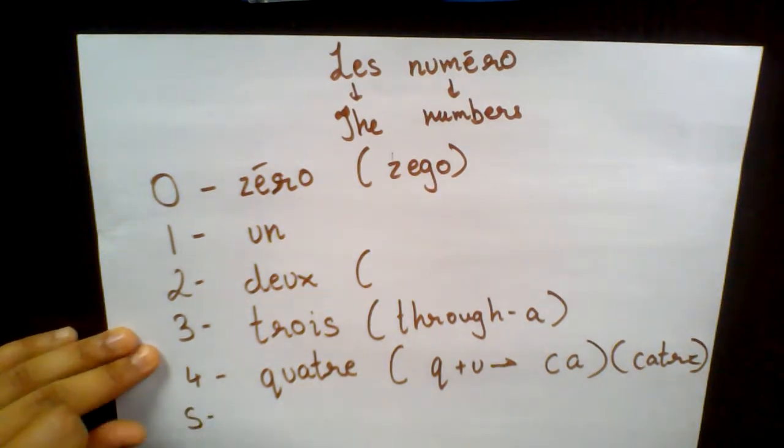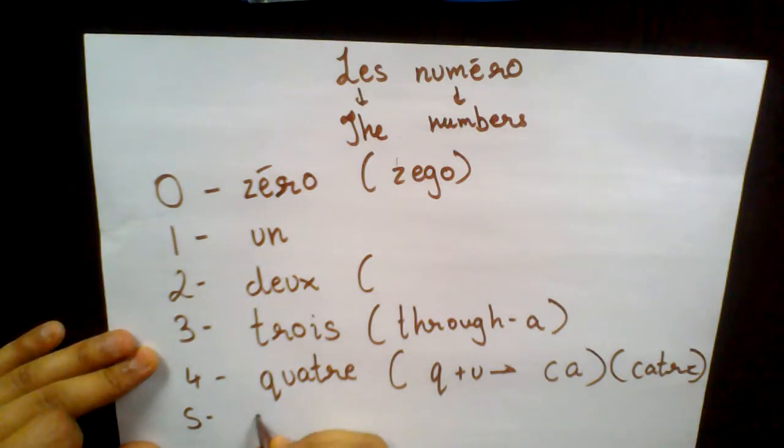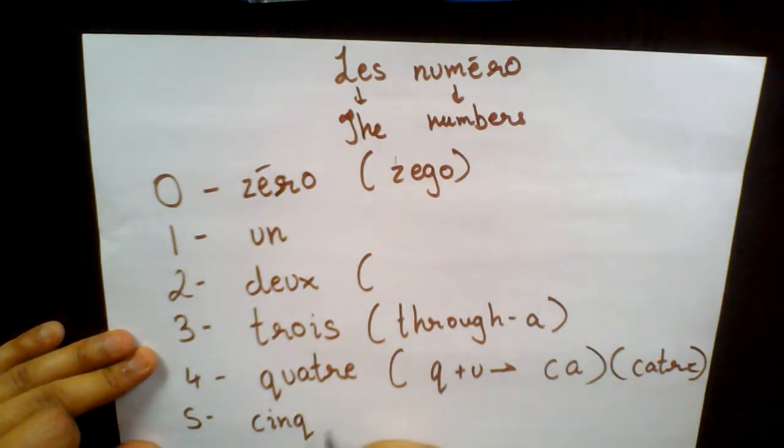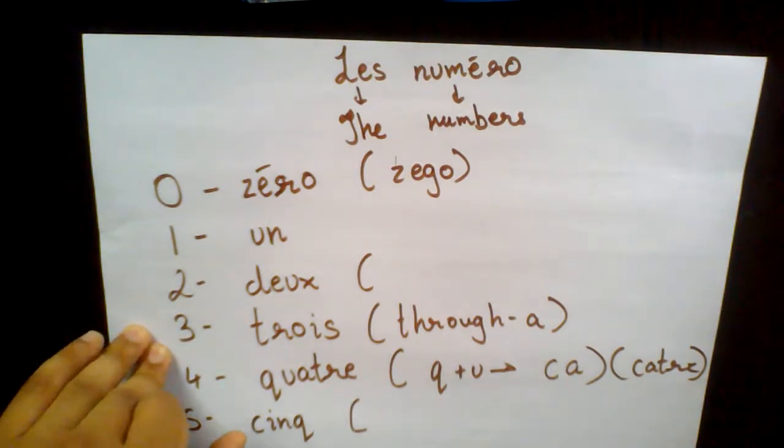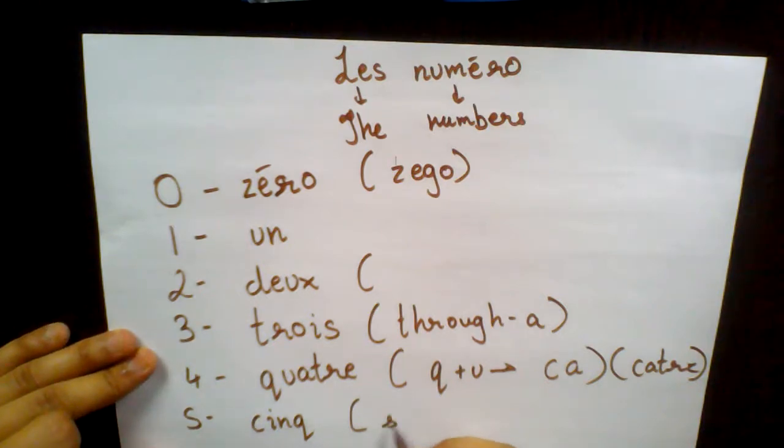Number 5, CINQ, pronounced as sank. The equivalent maybe "sank".